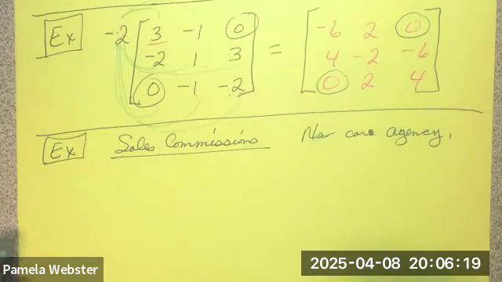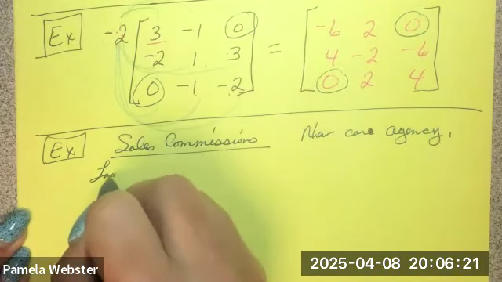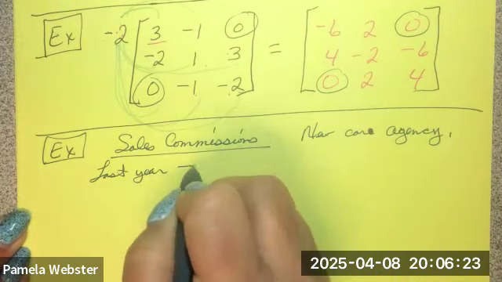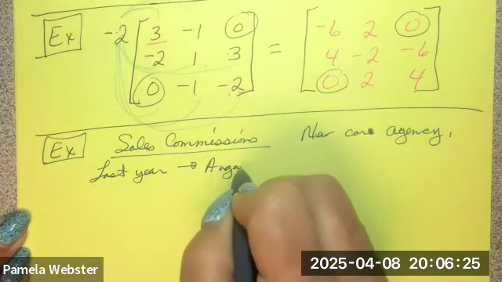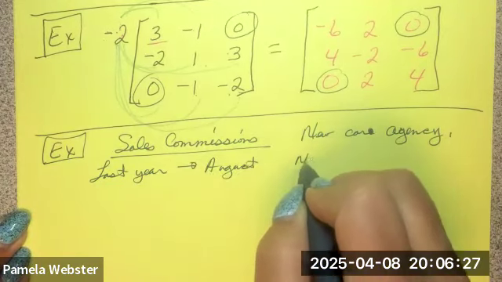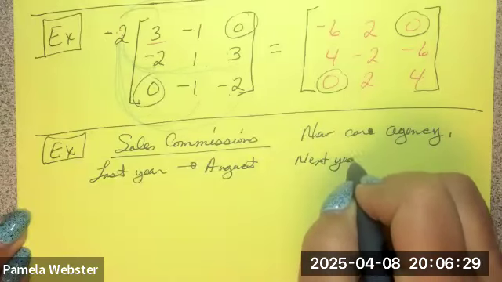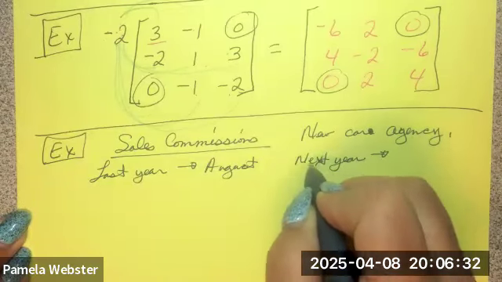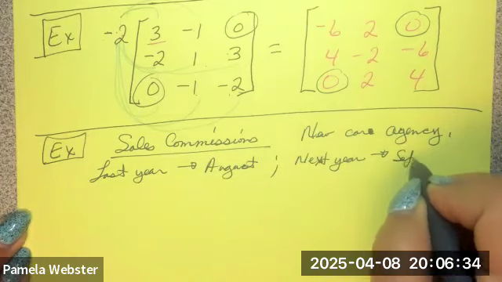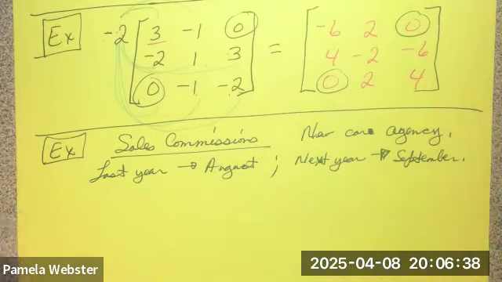Okay, so last year goes through August, next year goes through September. That's what we think is going on there.